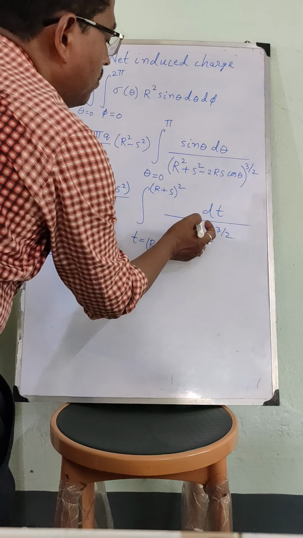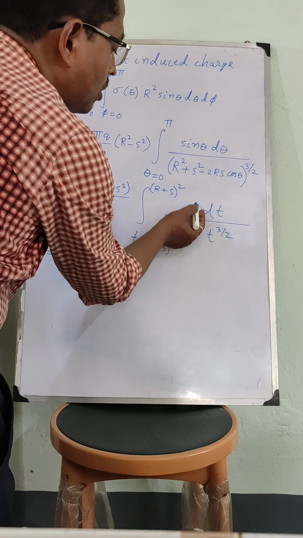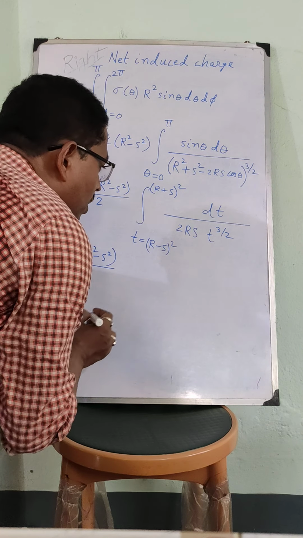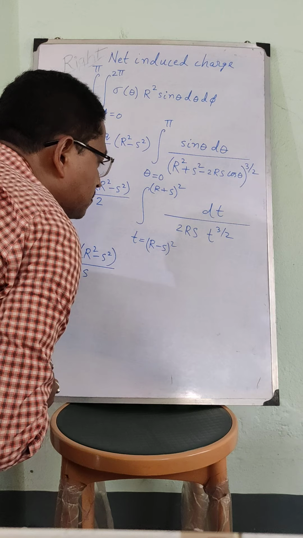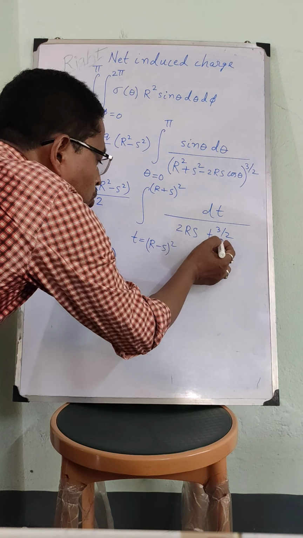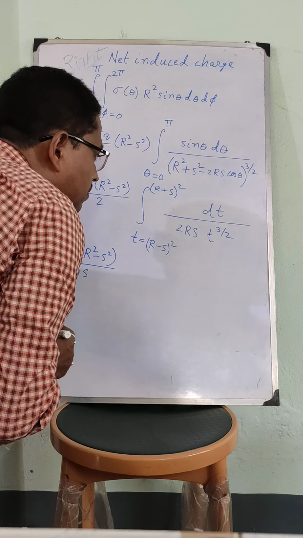So I will be left with integration 1 by t to the power 3 by 2, which is t to the power minus 3 by 2.